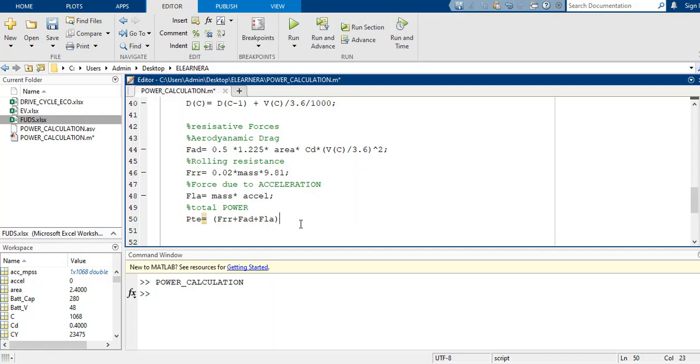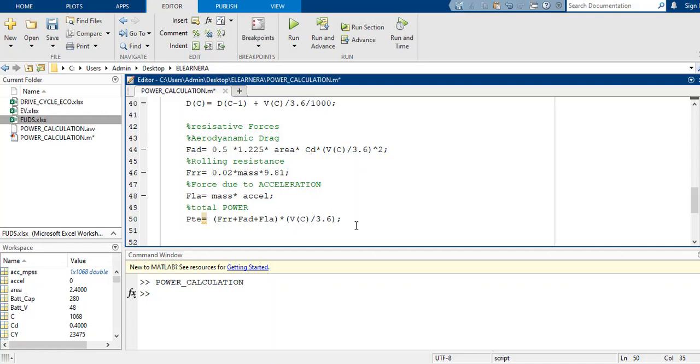So what is the formula of power? Power is force into velocity, so we are multiplying it by velocity. Here velocity, that is VC, we want velocity in meters per second, so we divide it by 3.6.